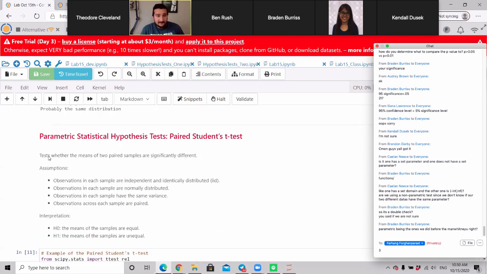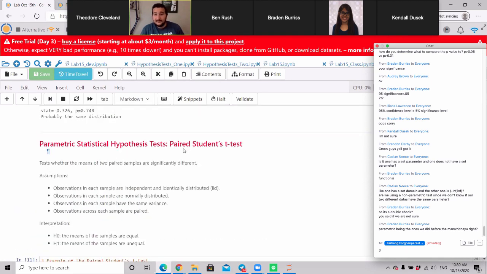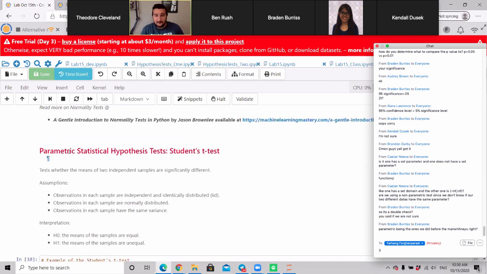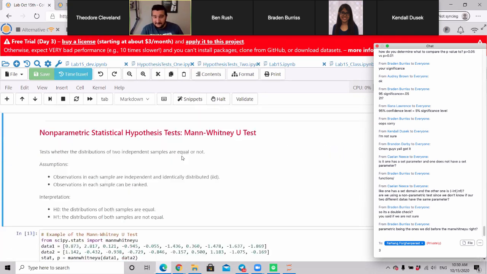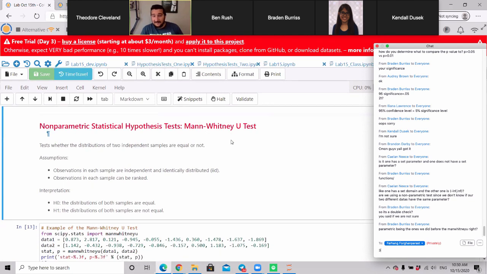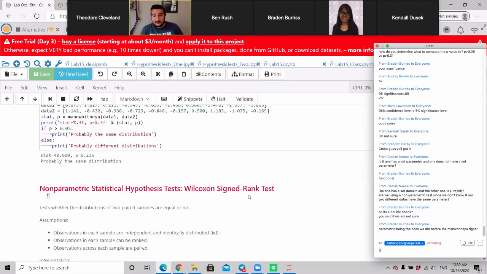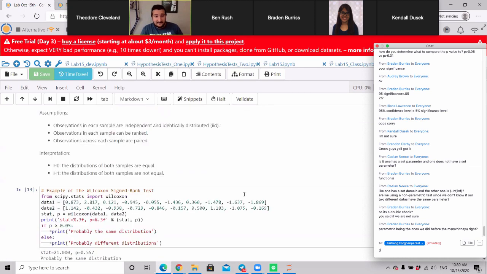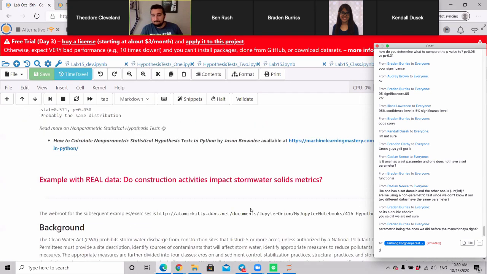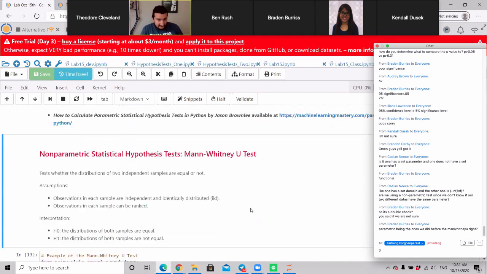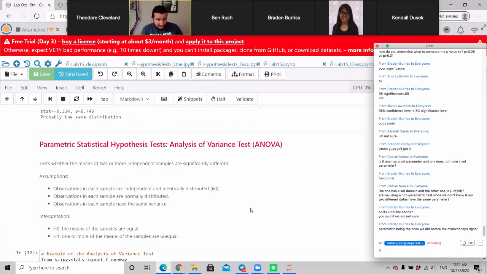And then the paired student's t-test, and another parametric was the student's t-test. In terms of non-parametrics, you worked on the Mann-Whitney U-test, Wilcoxon signed-rank test, and then the Kruskal-Wallis H-test.